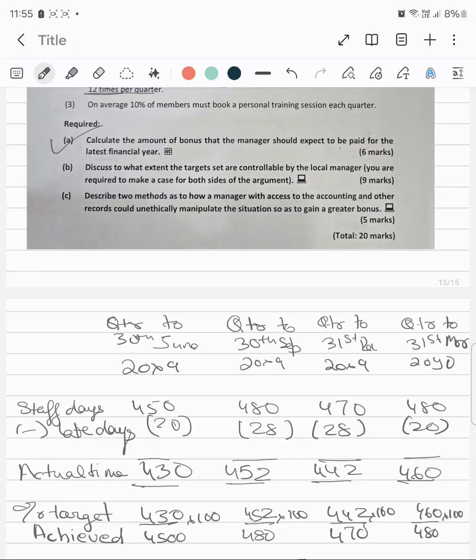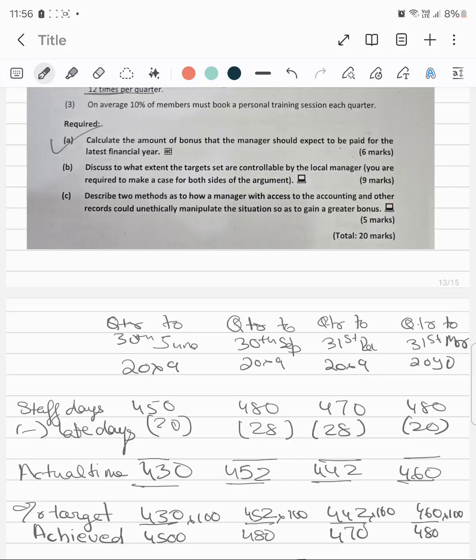There is a clear difference between the management and the operational managers. So where the bonus are being achieved by the operational managers. So what are controllable factors and what are not controllable? So what are the factors that are controllable by the managers? Targets related to those controllable factors can only be achieved.